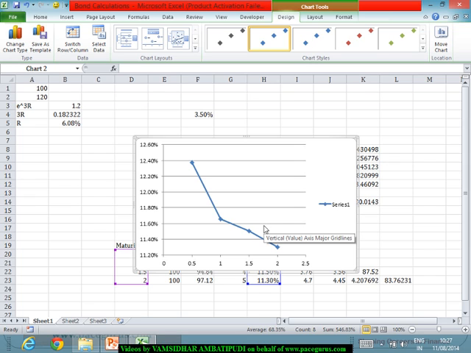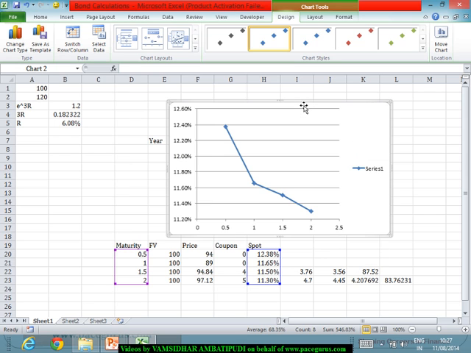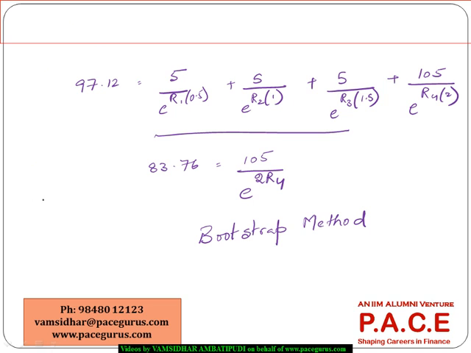So this is how the spot rates are being seen, and this kind of graph where we are trying to plot the spot rates for different time periods is what we call the spot rate curve or the zero curve. Theoretical zero curve or theoretical spot rate curve is what we are using.